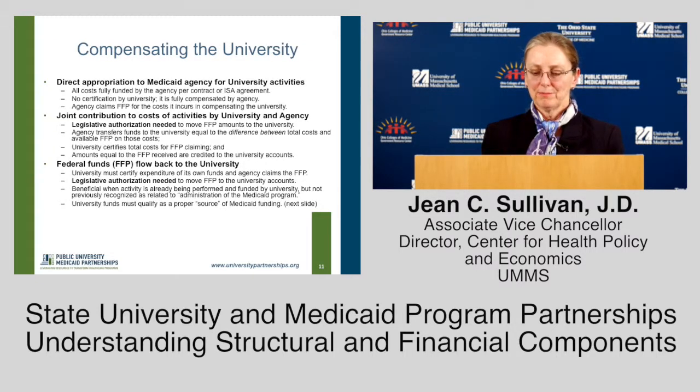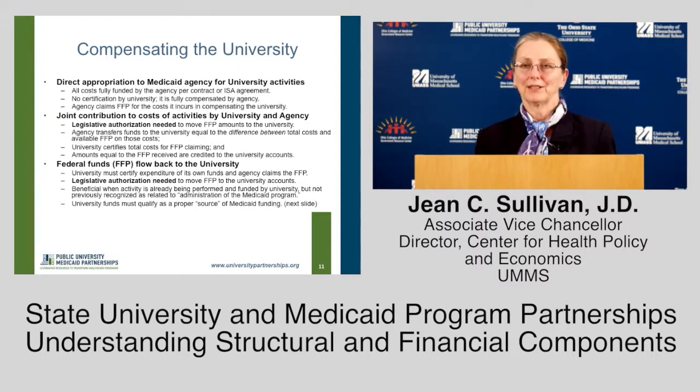Now, assuming that you've been able to meet with your state agency partners, you've established the agreements, you are clear about what activities are going to be performed, and you've actually performed them.